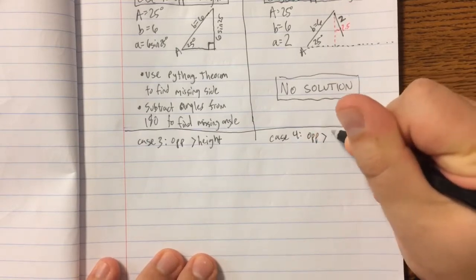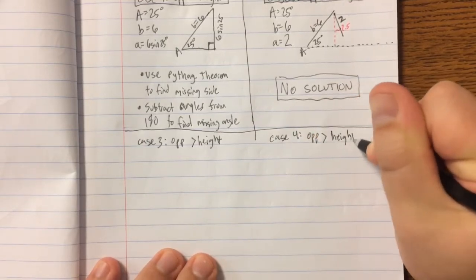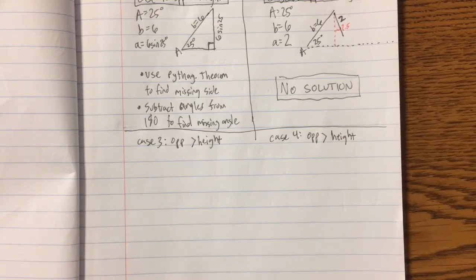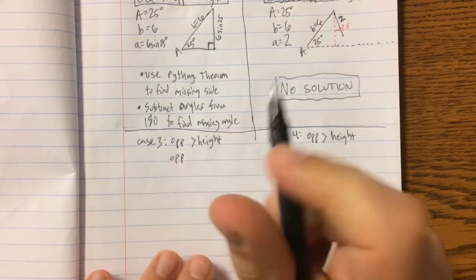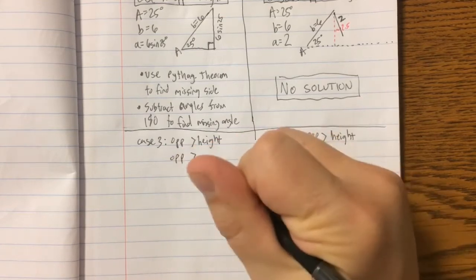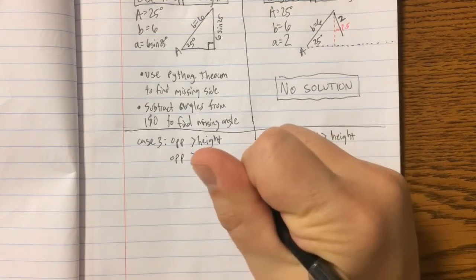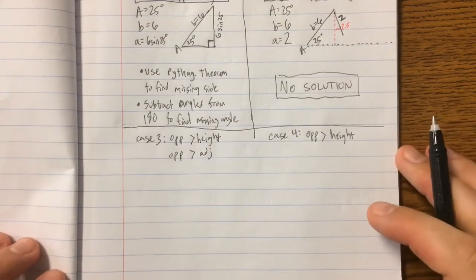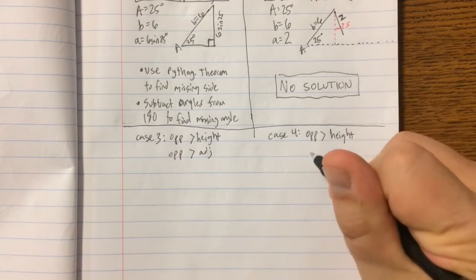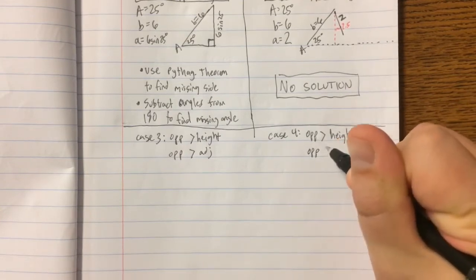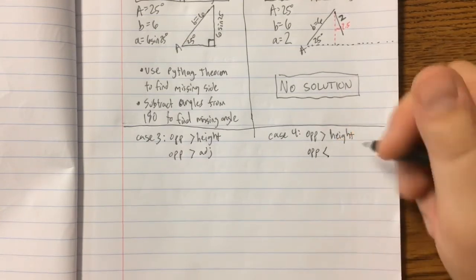But once you determine that the opposite side is greater than the height, there's one other thing you've got to check for, and that is: is the opposite side greater than or less than the adjacent side that's given? If the opposite side is also bigger than the other given side, the adjacent side, then that'll be case 3, and in case 4, the opposite side is smaller than the adjacent side.